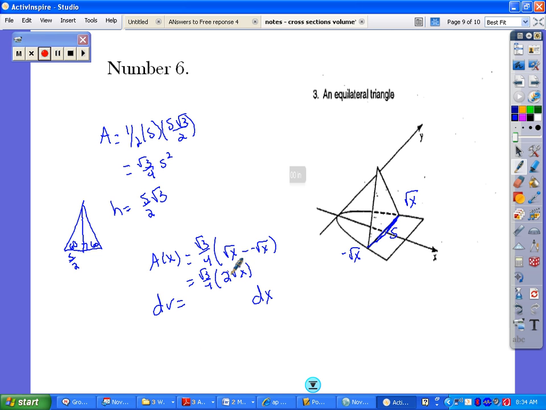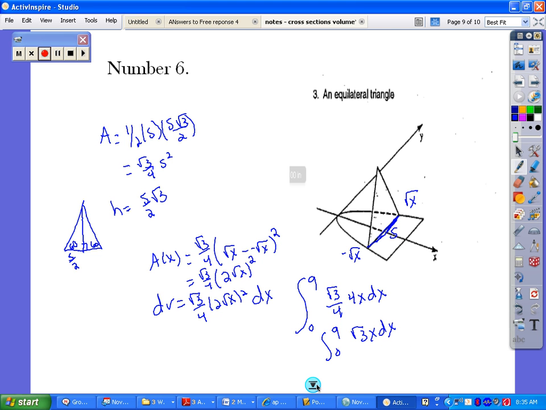So my area is this squared, and so my volume is the area of the cross section times dx. And so we're going to integrate again from 0 to 9 because those are my x bounds. I'm going to condense this, so I'm going to have the square root of 3 over 4 times 4x dx, and if I simplify, then I just get the square root of 3 x dx.